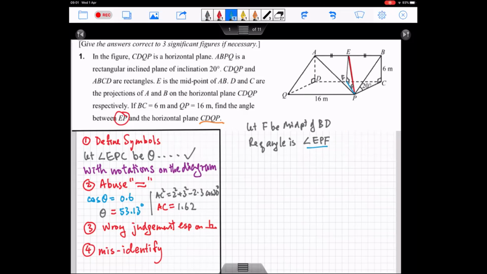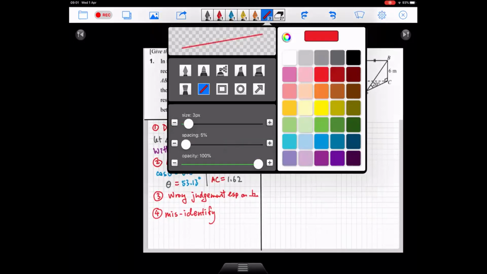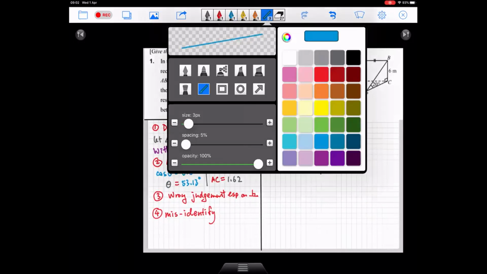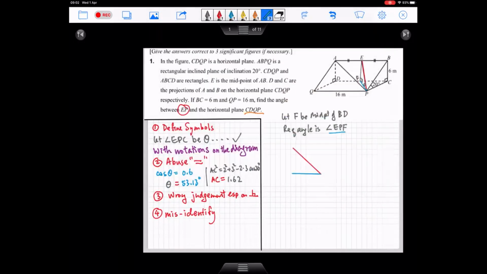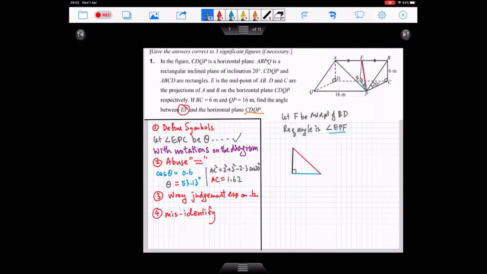So the calculation for this one goes like this. We have a right angle triangle EPF. We have E, P, and F. This is a right angle, and we have E, F, P right here. So right away we have EF. EF should be 6 meters. It should be this one. As for EP and FP, we need only one because we need only 3 pieces of information.